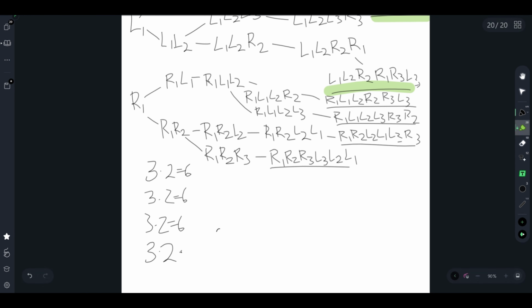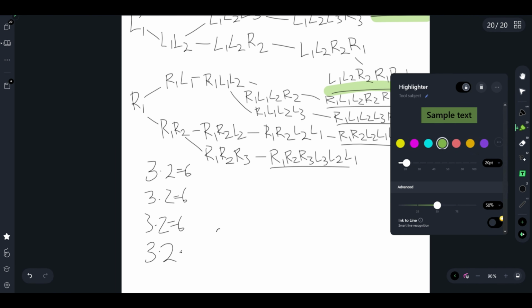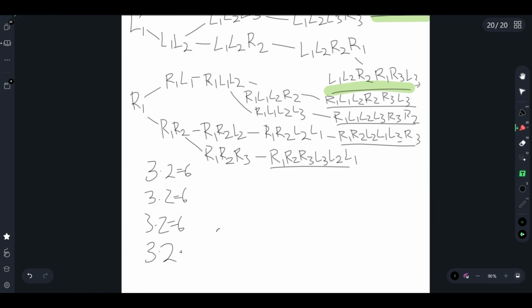And now there's 2 choices because for here we can do R3, L2, L3.